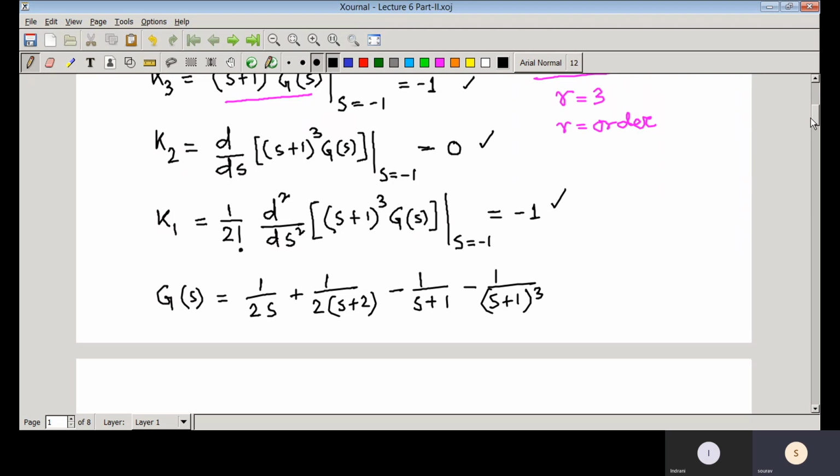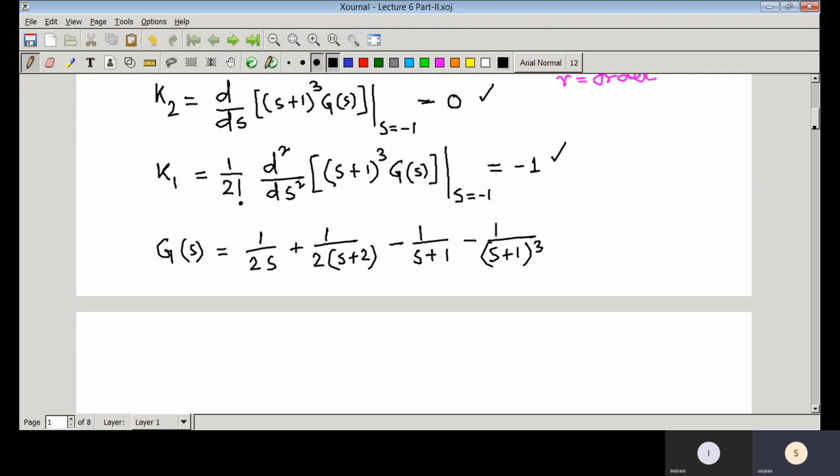So that means whenever that GS is given, we can write it in fractional form. Then we apply the inverse Laplace transform.